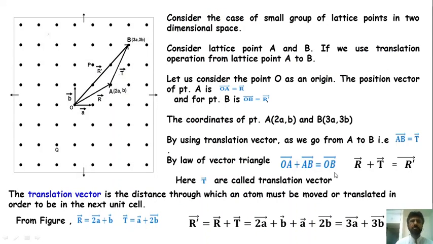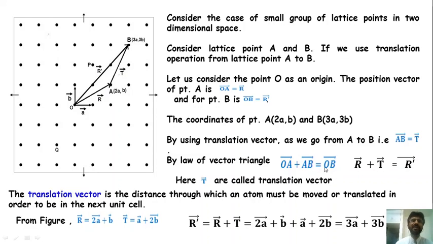Then, to understand the lattice operation, in any crystal, how the atoms or lattice points get displaced, get translated from one position to another position with the help of the translation vector, we can see it by using a suitable diagram.